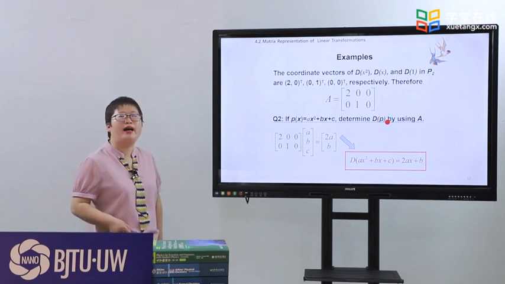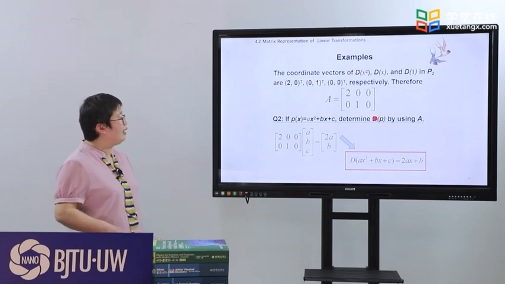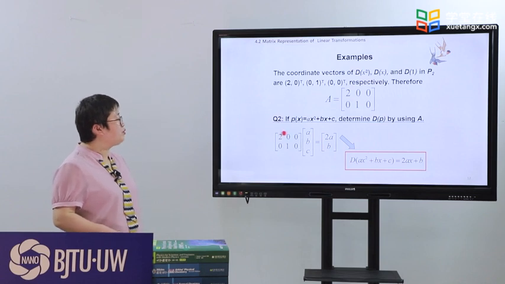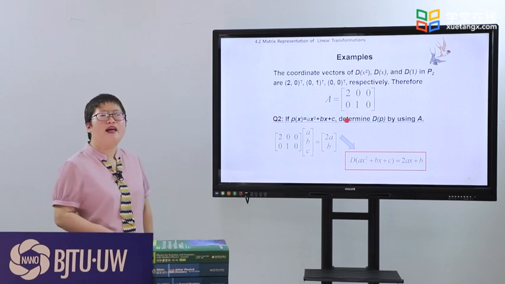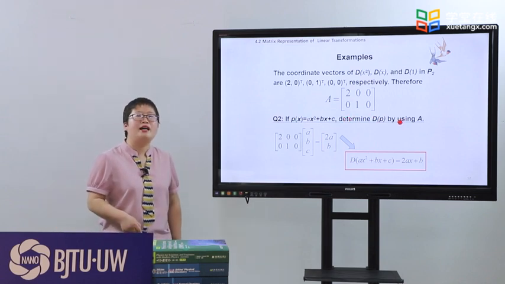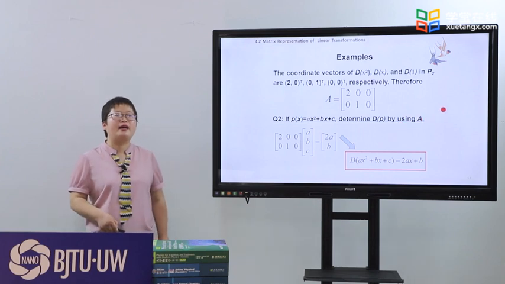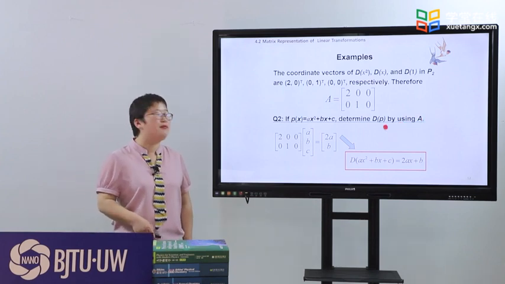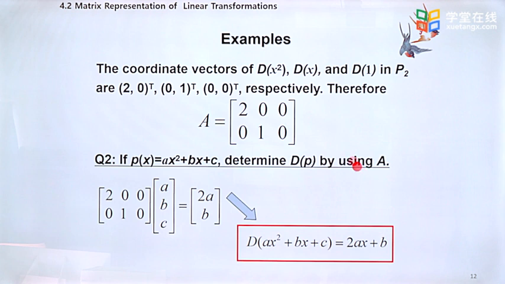Okay, so you have this matrix representation of D. And Q2, question 2: if P(x) equals a times x^2 plus b times x plus c, determine D of P by using A. If P(x) equals this, then we know its coordinate vector with respect to the bases x^2, x, 1 is (a, b, c). And we have this matrix A, the matrix representation for the linear transformation.